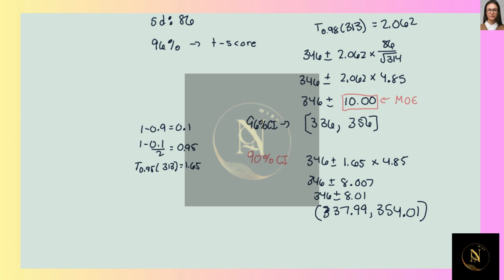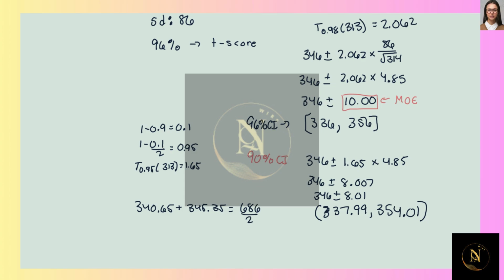So if I took 340.65 plus 345.35 and added those together, I got 686.